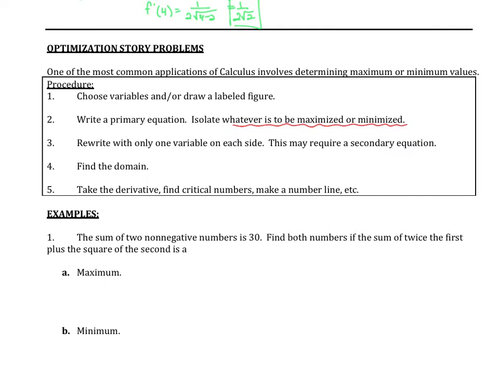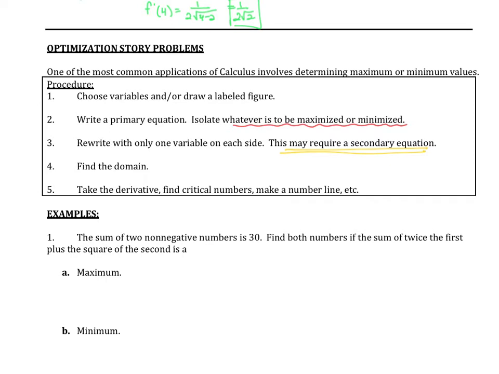Then we're going to rewrite with only one variable on each side. This sometimes requires a secondary equation, because sometimes we don't have a single variable on each side and we need to get there. Then we are going to find the domain. Why?